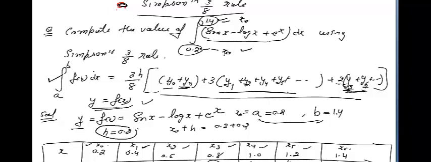If I take h equal to 0.1, then you can easily understand how many steps I need, meaning every time you will add 0.1. So the next value of x will be 0.3, then 0.4, 0.5, 0.6, 0.7, 0.8, 0.9, 1.0, then 1.1, 1.2, 1.3, 1.4.